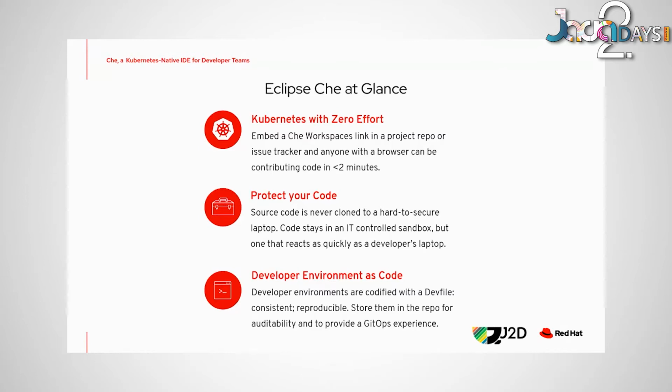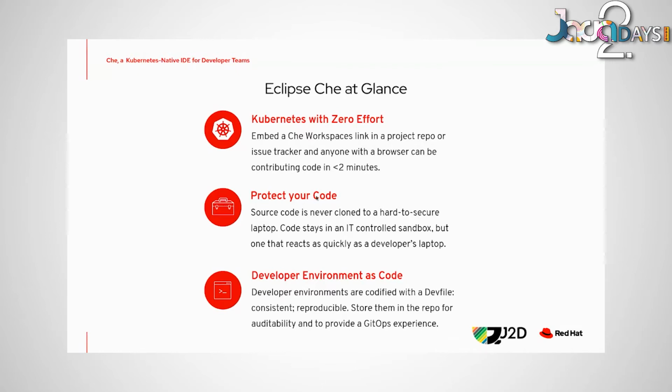The fact that we run Che in your data center will avoid you having to download the source code and all the configuration files locally on your laptop, and it secures your code and runs your application in the cloud. And as you can see, the look and feel is very close to Visual Studio Code.